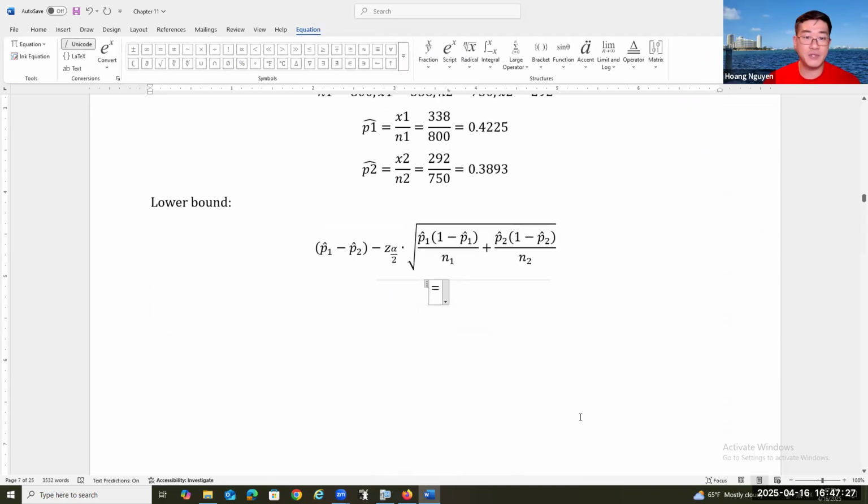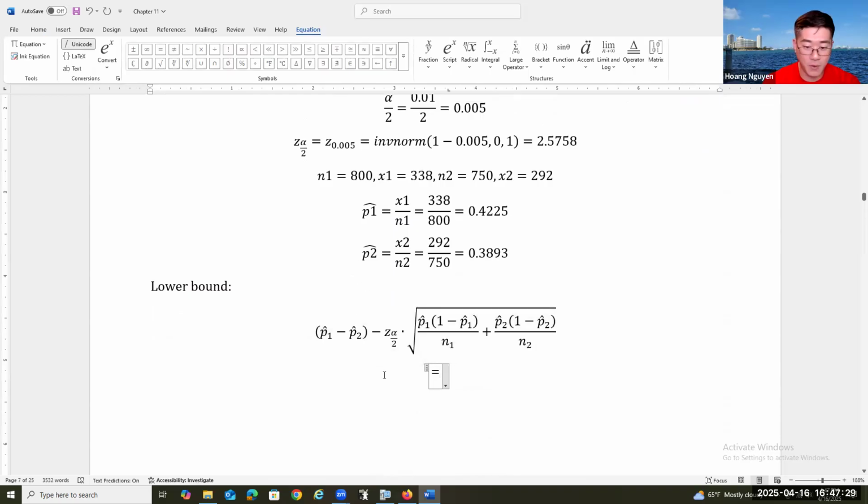Now let's do the substitution then. So P1 hat equal 0.4225 minus P2 hat 0.3893 minus the z sub alpha over 2, which is calculated 2.5758 times the square root of a fraction plus another fraction. So this is going to be P1 hat.